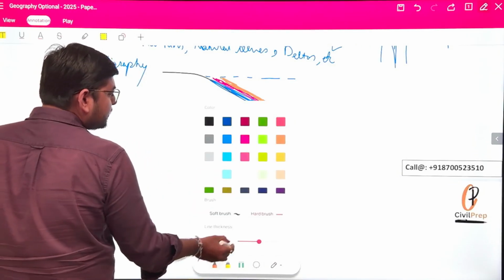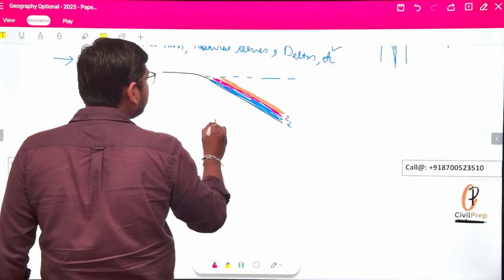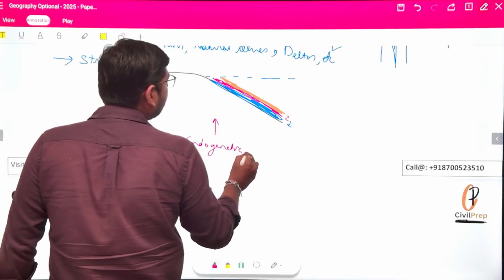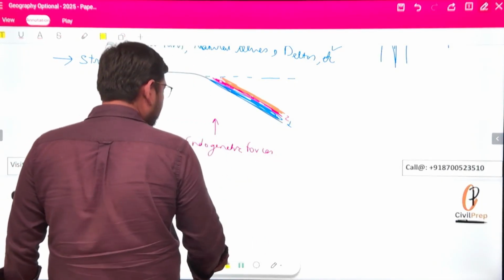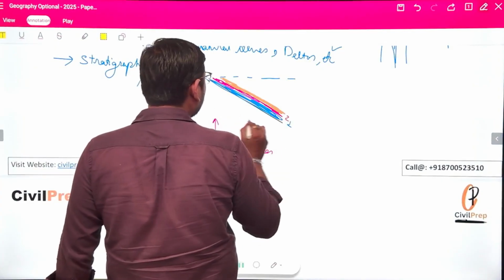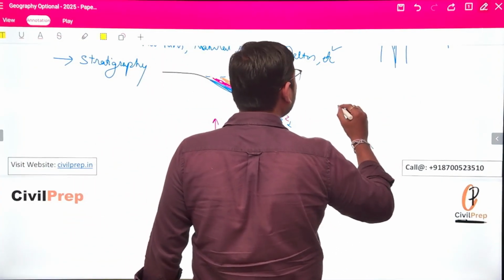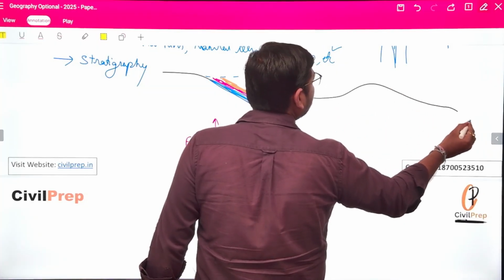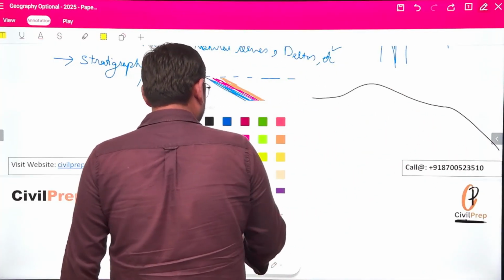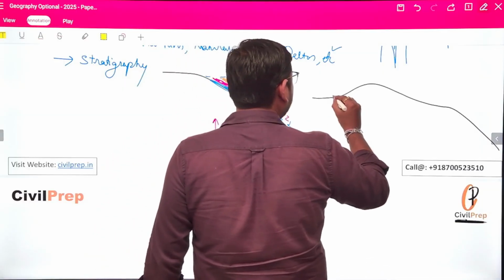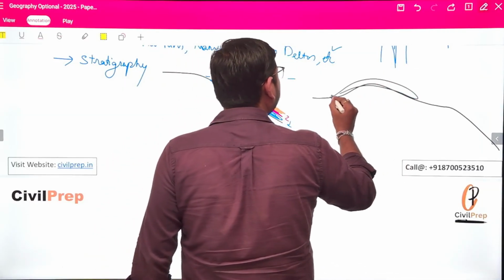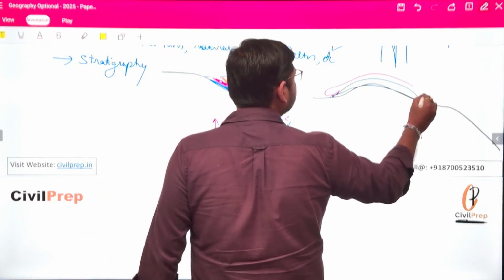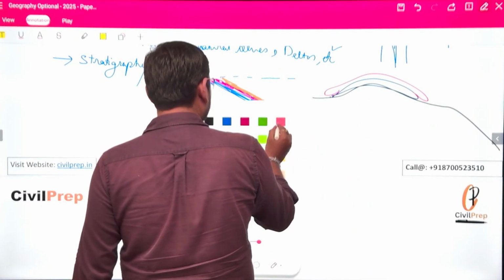Now, with respect to endogenetic forces, with the endogenetic forces this region is coming out of the water. So we'll be seeing here that we have number one, the part of this blue one, then number two as a part of this red one, then number three as a part of this yellow one.